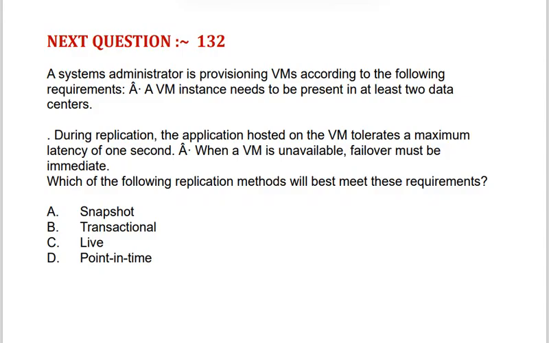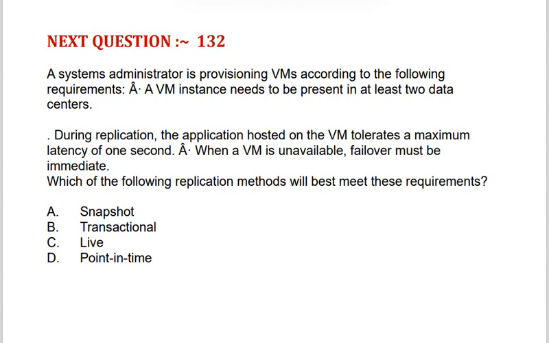Question is, a system administrator is provisioning VMs according to the following requirements. VM instance needs to be present in at least 2 data centers. During replication, the application hosted on the VM tolerates a maximum latency of 1 second.